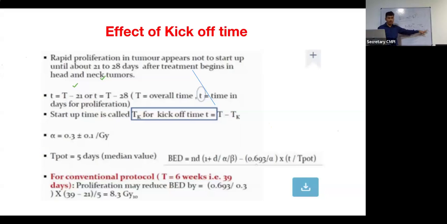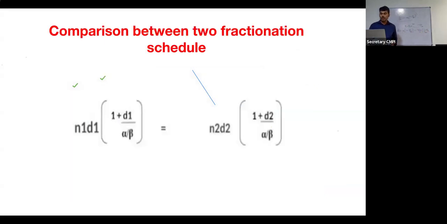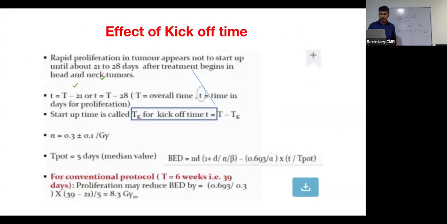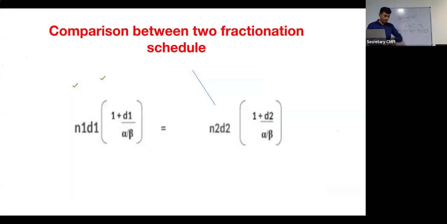If your kickoff time is 28 days and this is 30 days, you can even neglect it. But because of certain gaps in the patient, instead of 30 days, suppose your treatment goes to 40 days or 45 days, then 40 minus 28. So you need to consider that loss of BED factor for the calculation. So that is the importance of the actual BED equation.